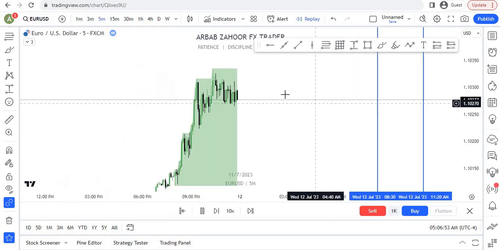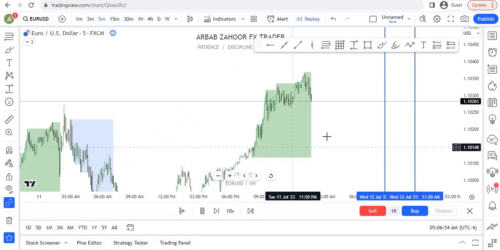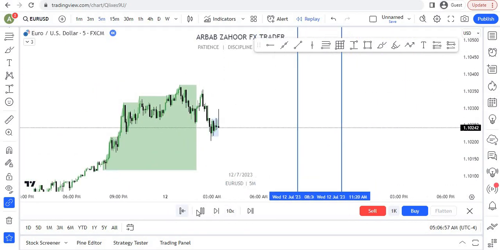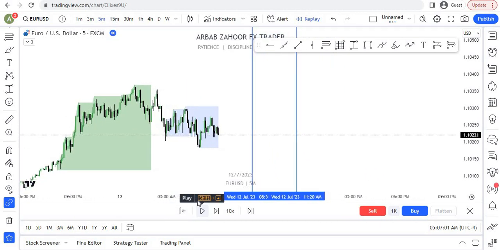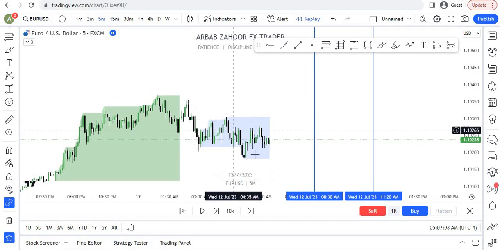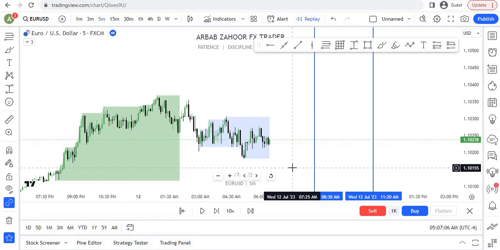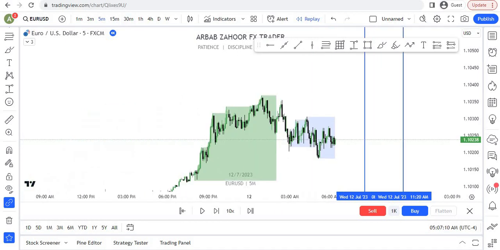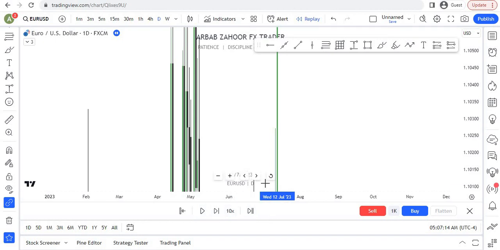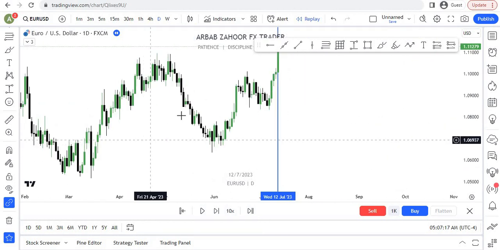For example, I will tell you something special here. We are in the London session on the 5-minute time frame, making a fake move here, and people do sell positions. If we go to the daily, we are in a buy bias. People ask until when do we stay with the bias?